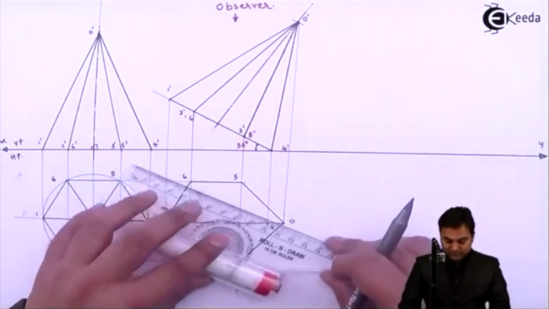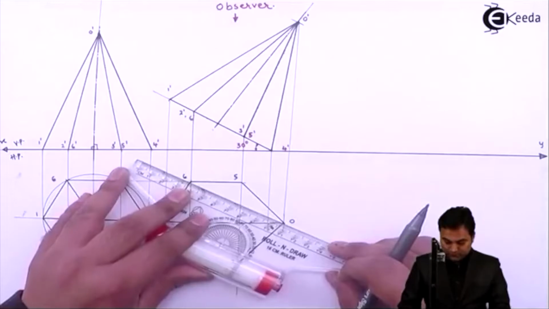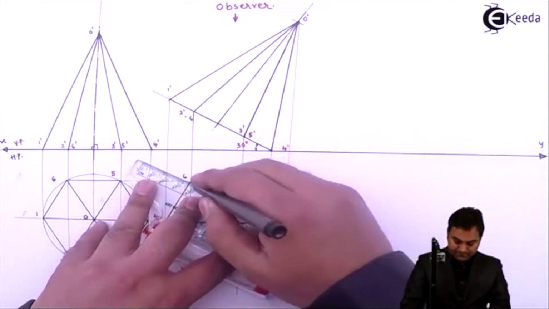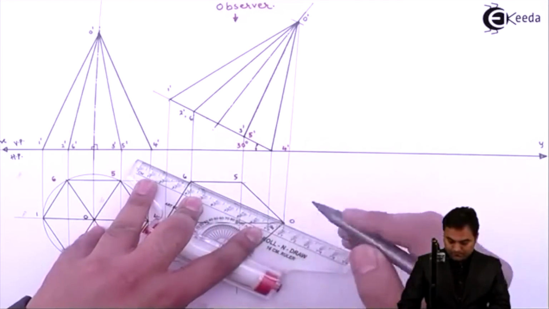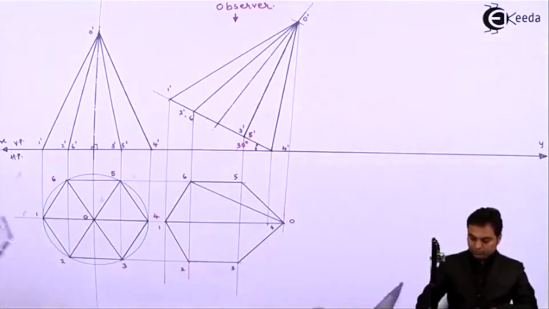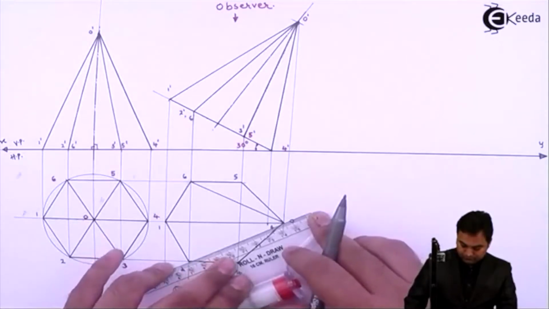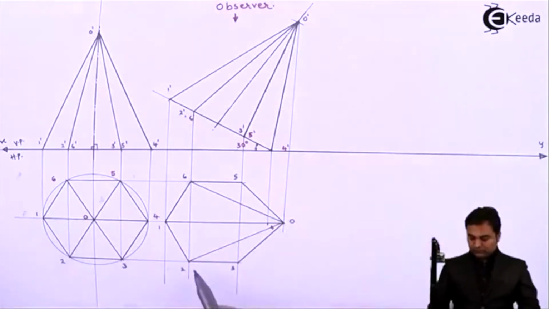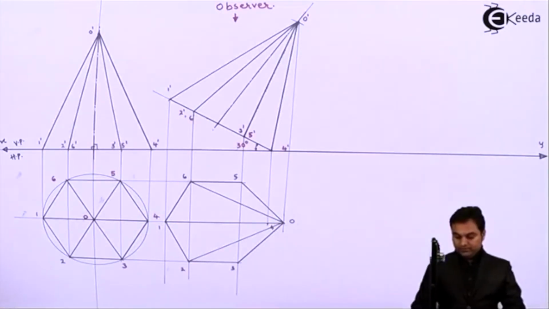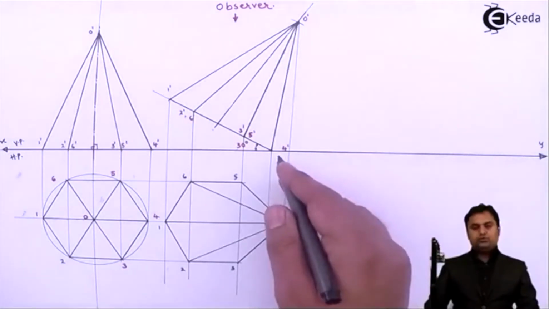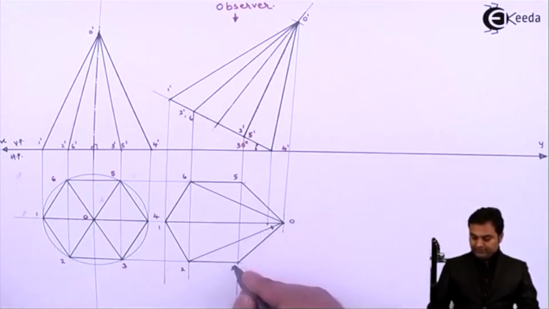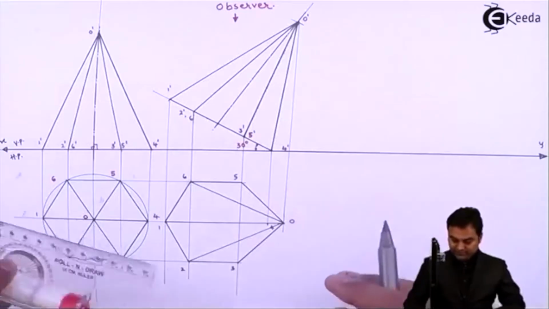So that will be visible from the top. So joining O to 6 with the help of a dark line. Then O to 2 will be a dark line. Then point 4 is going behind the observer, so it will be hidden. Point 4 will be connected to 3 and 5 with a dotted line.